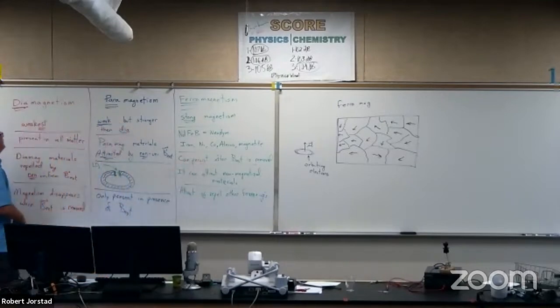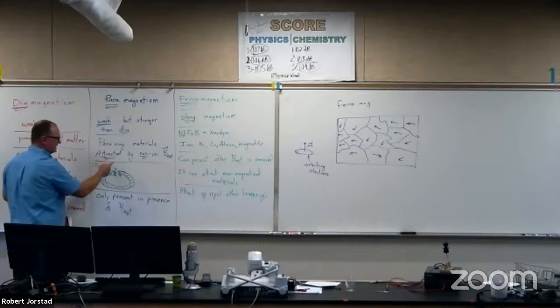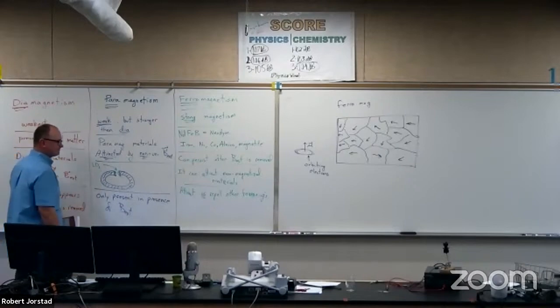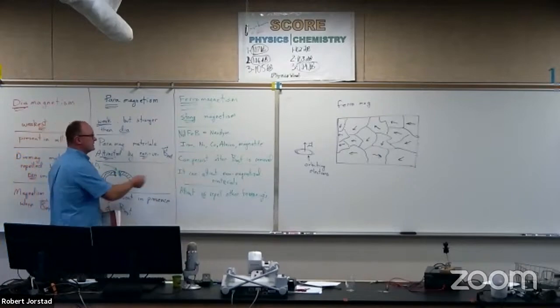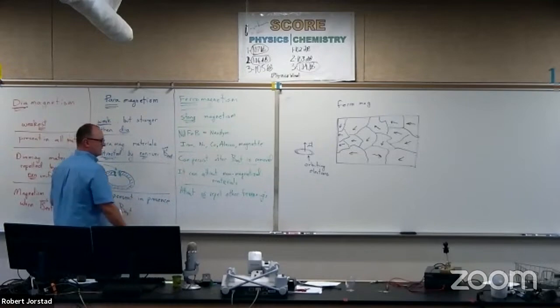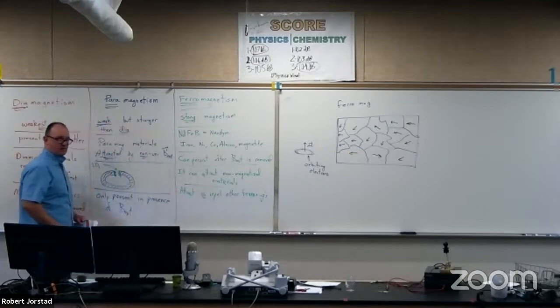We see diamagnetism is repelled by the external field. Paramagnetic is attracted by the external field. And in both cases, I want to make clear, this is a non-uniform field. In all three cases, we're talking about non-uniform, which just means standard bar magnet. And then we see that ferromagnetism is a little bit tricky because it could attract or repel other ferromagnets, right?